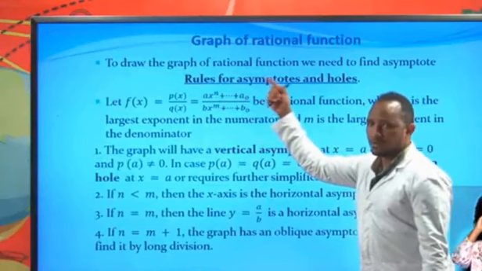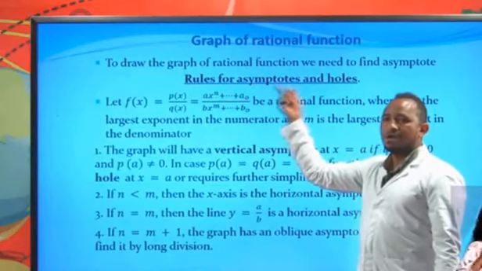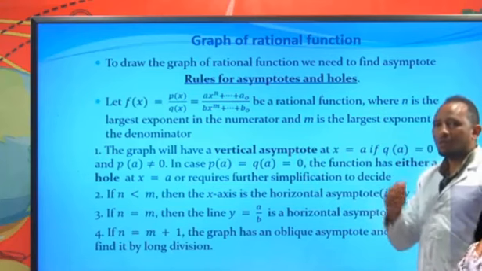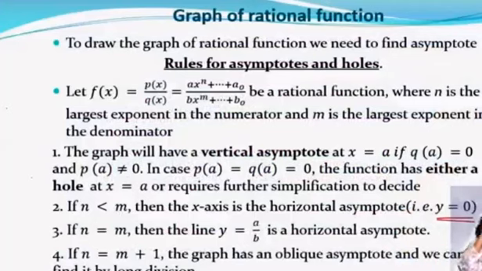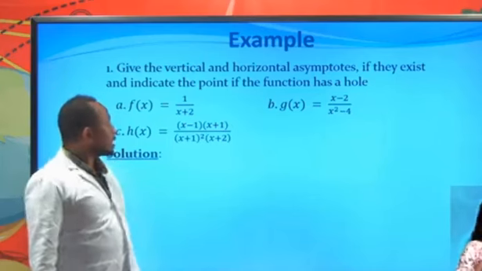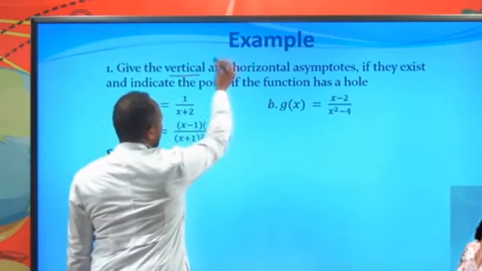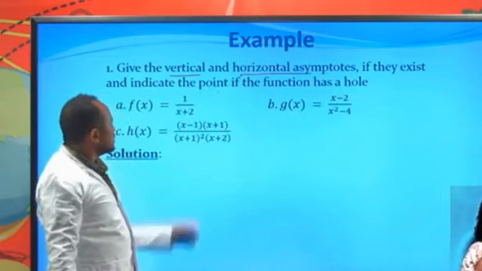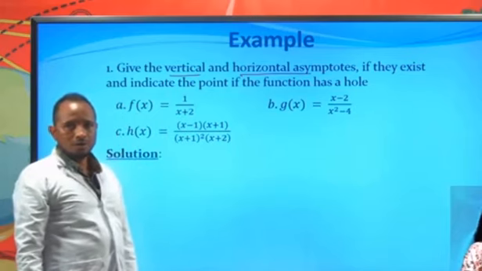Now let's see b. G of x is equal to x minus 2 over x squared minus 4. To find the asymptote, first let's factorize the denominator, to see whether this will simplify or not. So x squared minus 4 is x minus 2 times x plus 2.